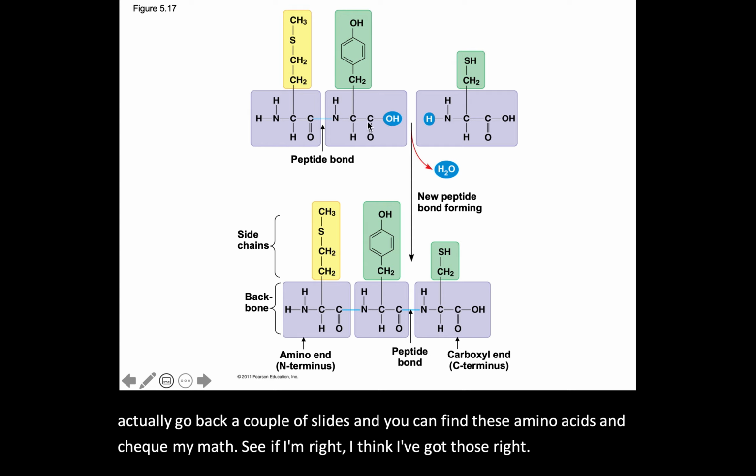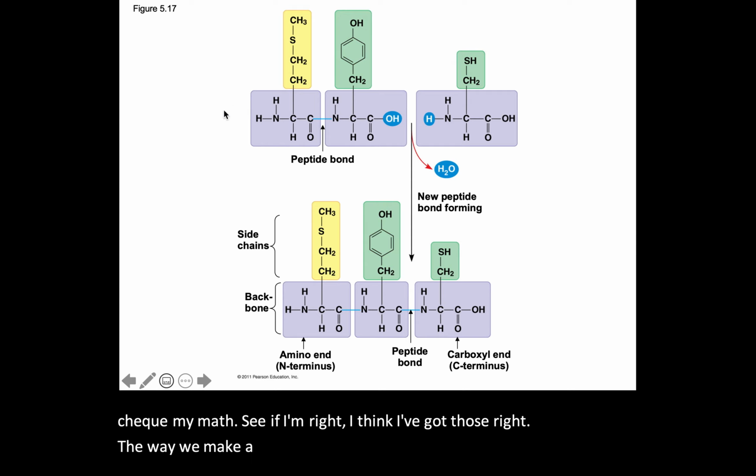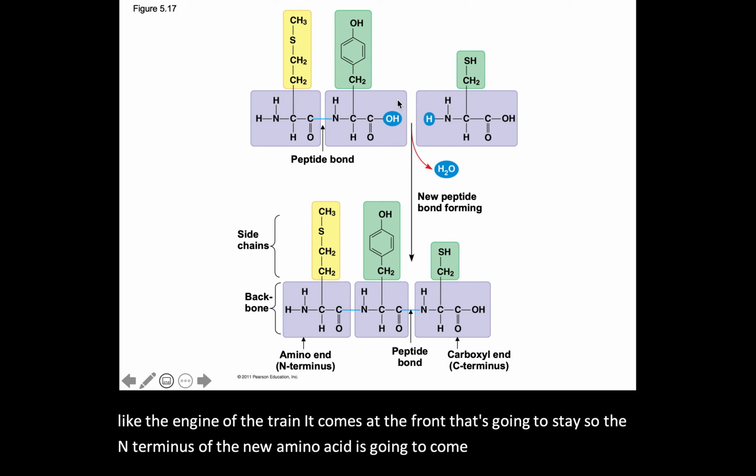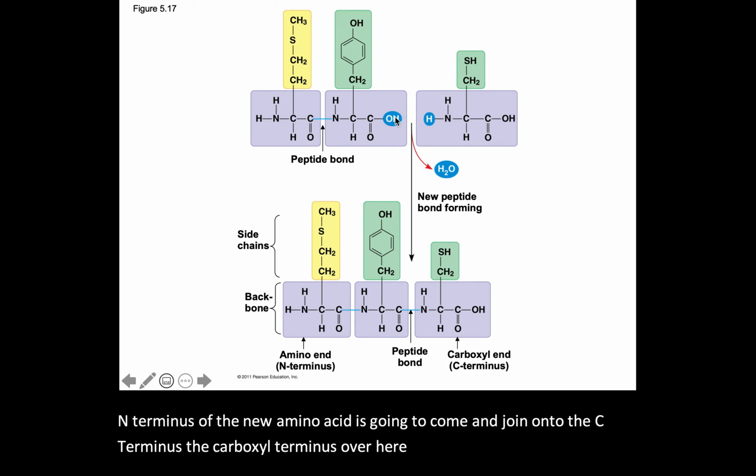The way we make a protein is we're going to take the N-terminus, which is like the engine of the train. It comes at the front. That's going to stay, so the N-terminus of the new amino acid is going to come and join on to the C-terminus, the carboxyl terminus over here, the C double bond O, OH. And that's going to be like the caboose of our train.